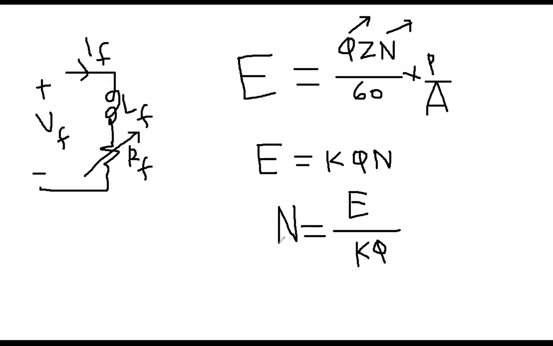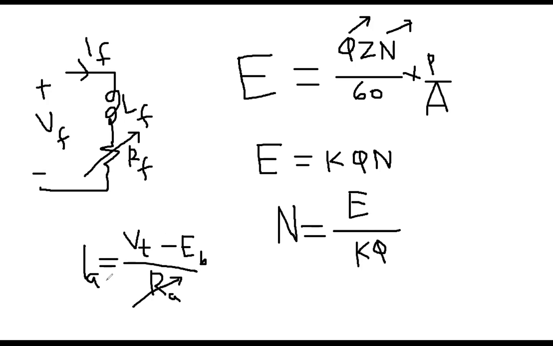The number 2 point, you all know this one. What is that equation? Just what you wrote a few minutes back: IA equals Vt minus back voltage over Ra. According to this equation, if you make Ra variable, which is armature resistance, then again that is increasing or decreasing the current value, and that IA is the armature current.